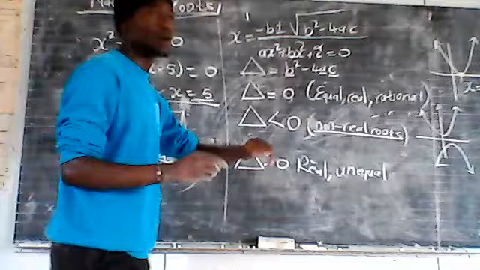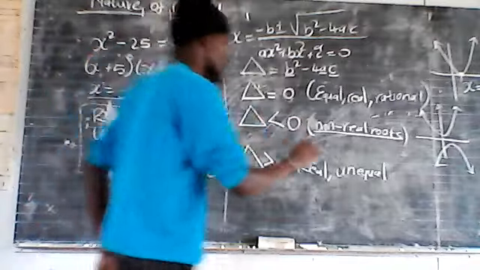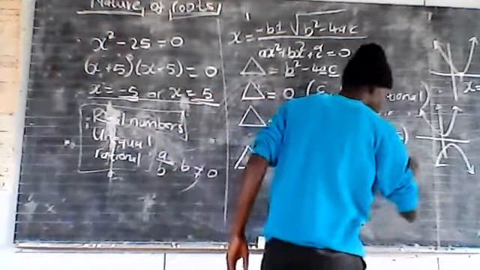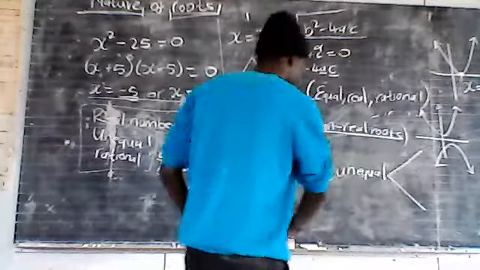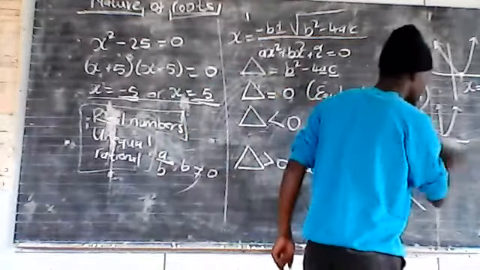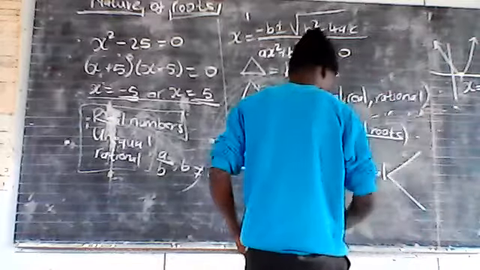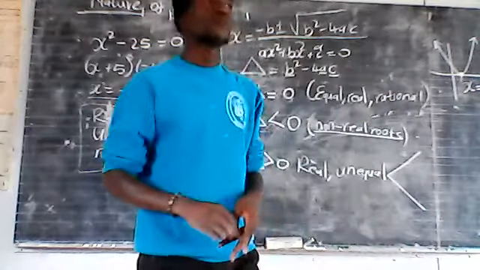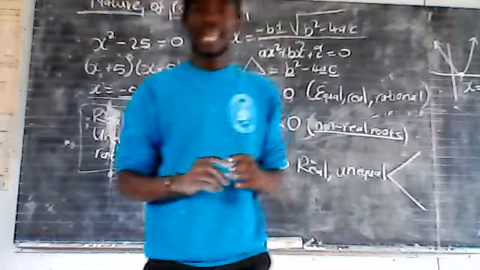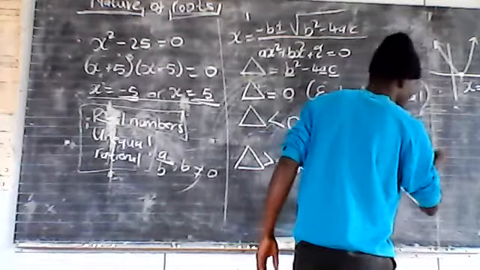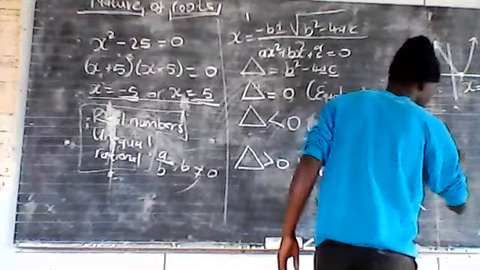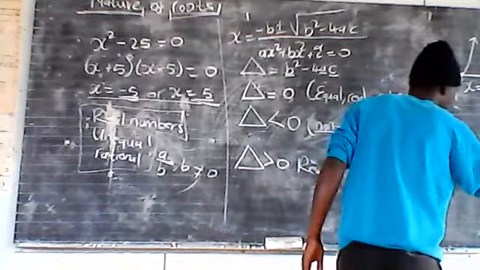Those are unequal roots. Then it comes when we take this further, because we may have either rational or irrational roots. So I'm just going to erase this. Let's make some space. In which case will we find your roots as rational? You will have your rational roots when your delta is actually a perfect square, guys.